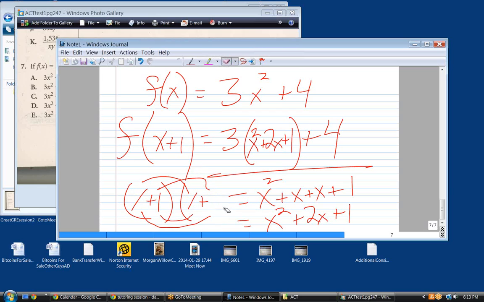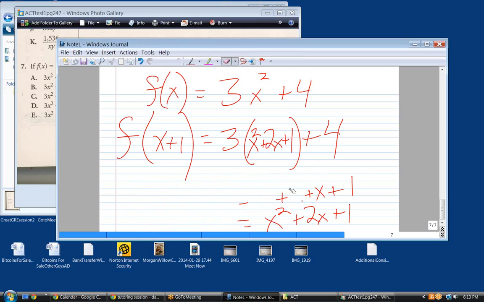Now I'm almost done. I still need to distribute it. Multiply 3 by each term in the parentheses.